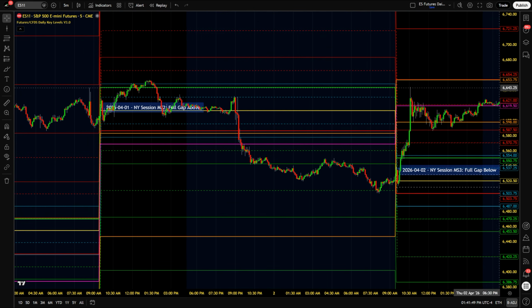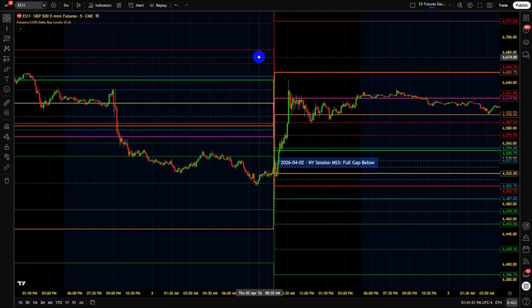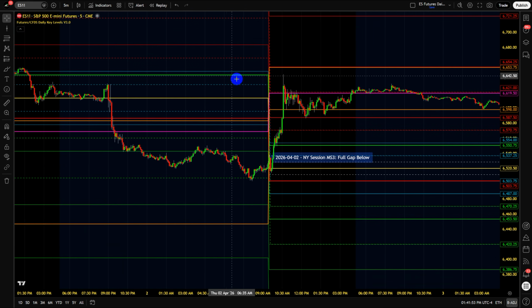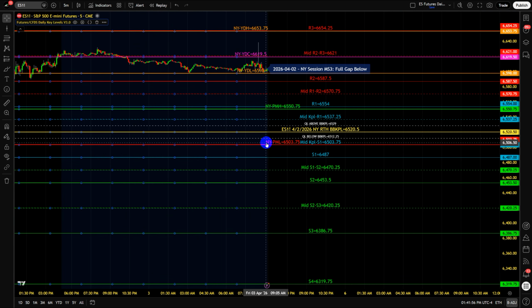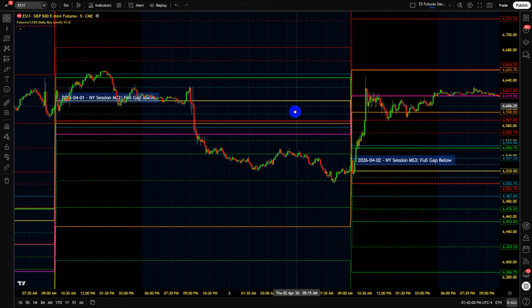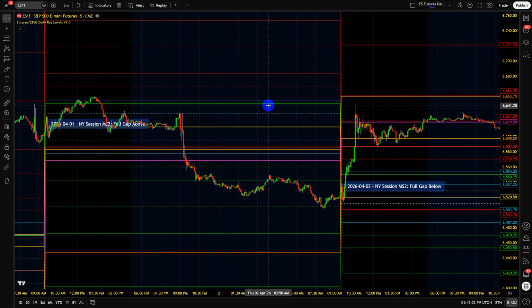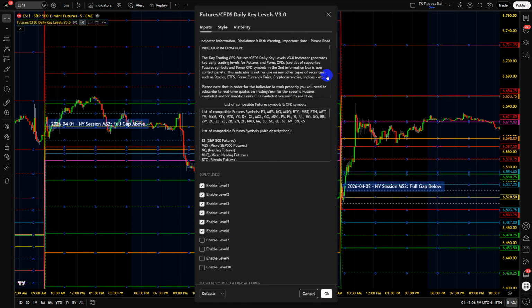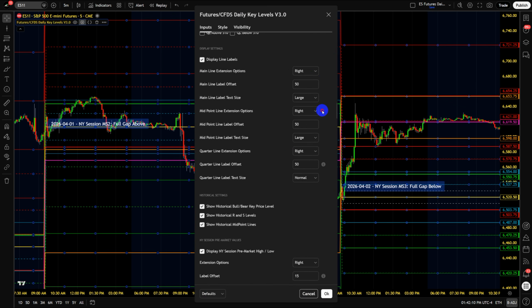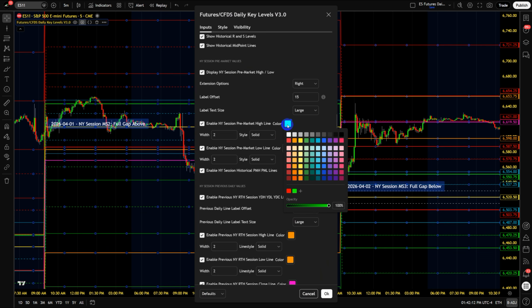So as an example, let's say here we have the PMH and PML. This is the PMH, that's the PML. So let's just say that we wanted to further differentiate that, and we wanted to make the PMH color, say for example, a light green.